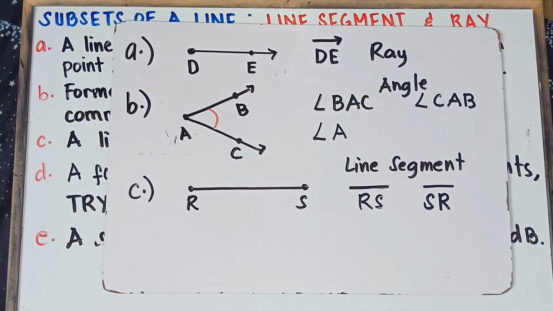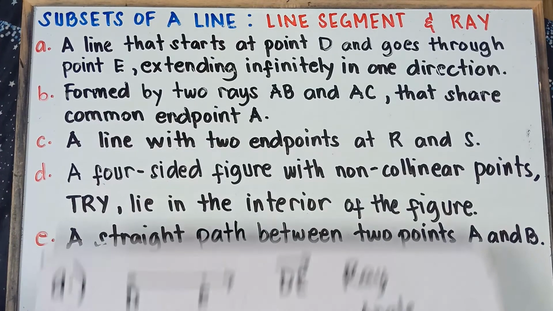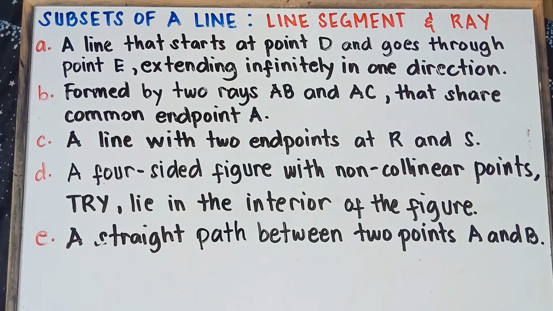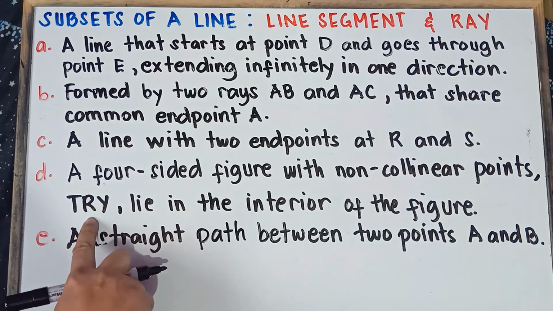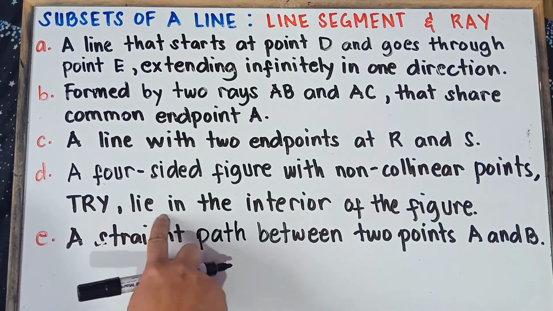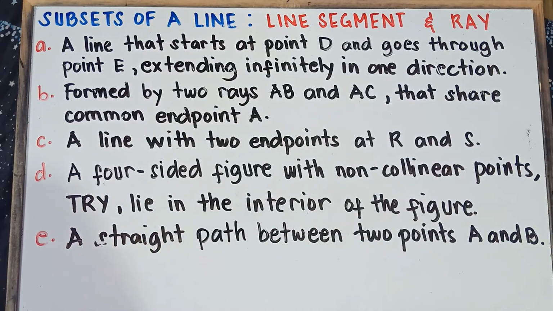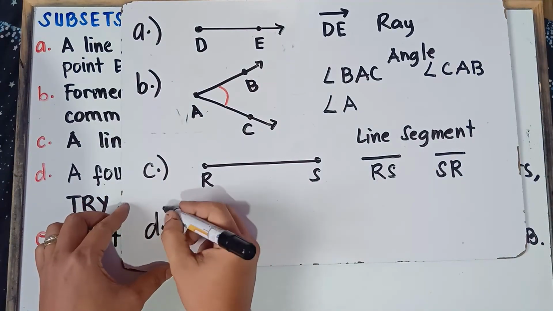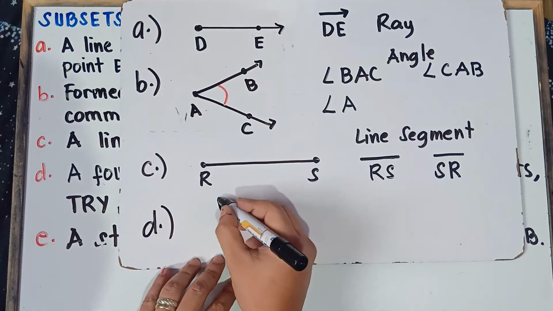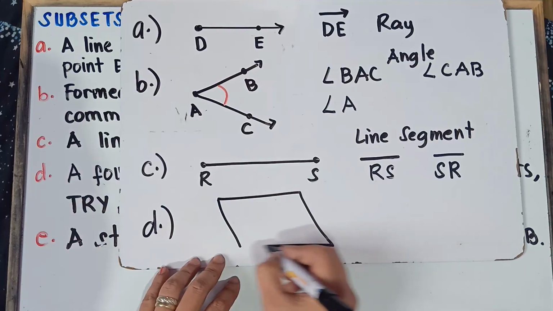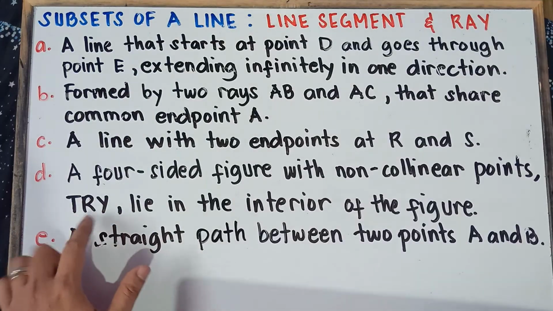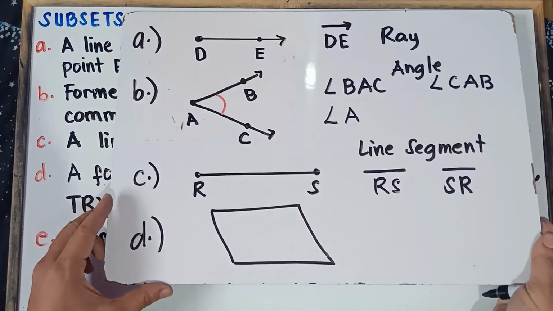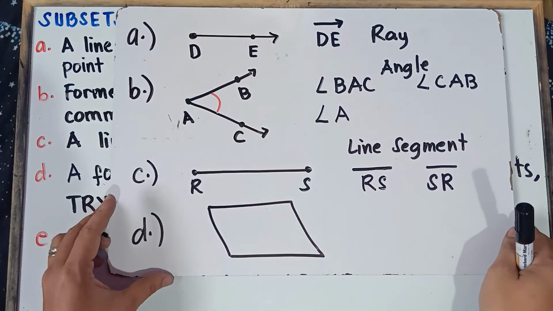RS or SR. Alright, and then letter D, a four-sided figure with non-collinear points, TRY. So these are the points, TRY, that lie in the interior of the figure. Non-collinear means it doesn't lie on the same straight line.